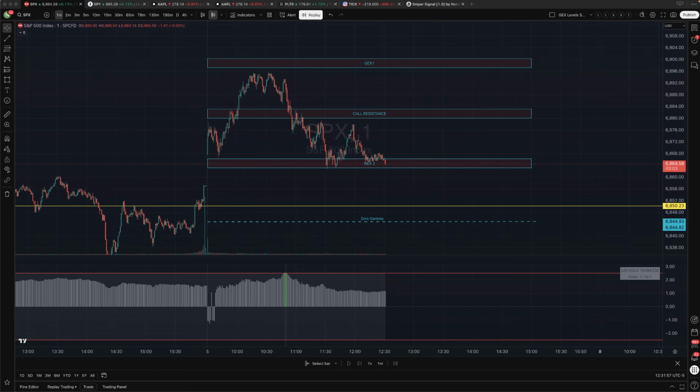Those are the ones that I've been playing with. I like unusual whales. I've been poking around with that a little bit, and I might change over to that. There is a free Discord one. It doesn't give you as detailed information as I would like.